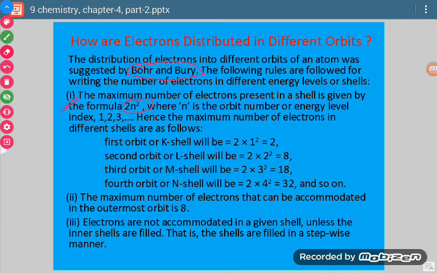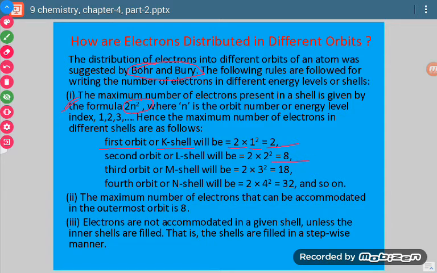Okay, now the maximum number of electrons which can be present is 2n square. So if we talk about first main energy level or first orbit, then we are talking about K shell, and n value for K shell is 1. So what will be the number? 2 into n square. N value is 1, so 2 into 1 square. It means there will be 2 electrons in the first orbit. Similarly, for second orbit, n value is 2, so maximum number of electrons will be 8.